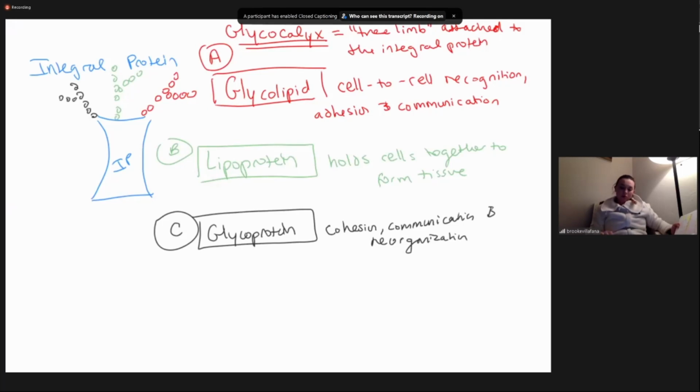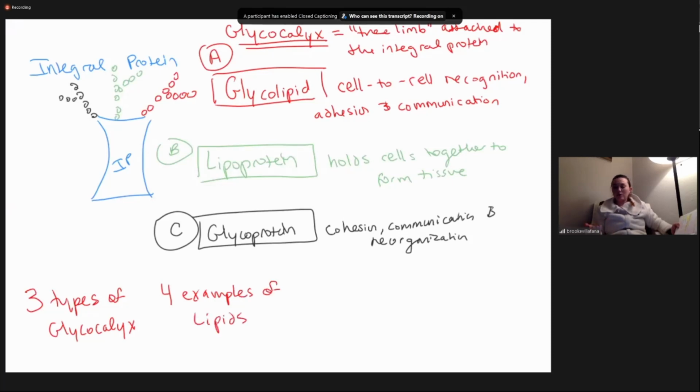Okay, so how do you differentiate this for your study? You need to know that there are 3 types of glycocalyx, right? You need to know that there are 4 examples of lipids, right? And then you would know their functions, which I feel like is self-explanatory.